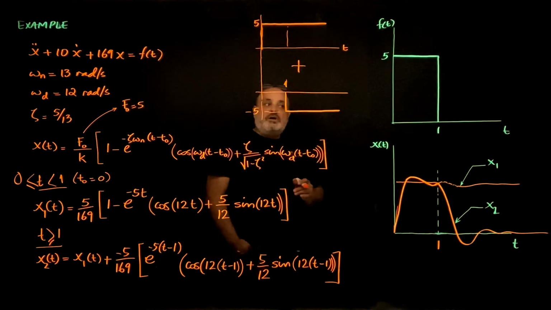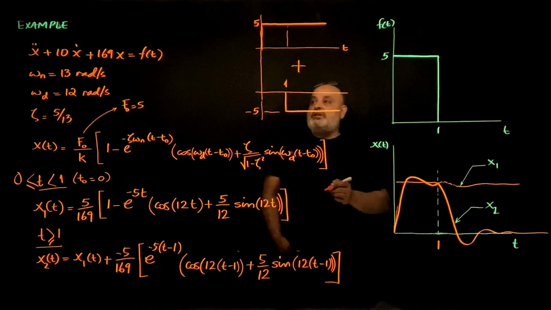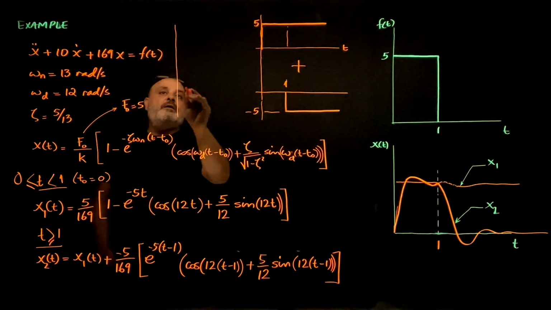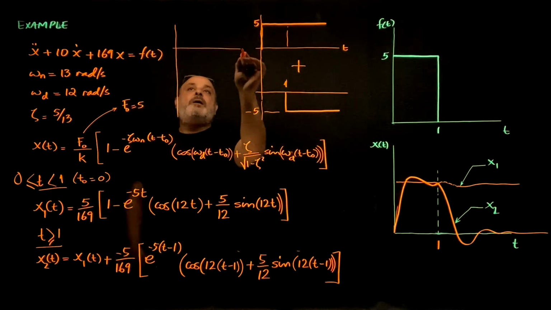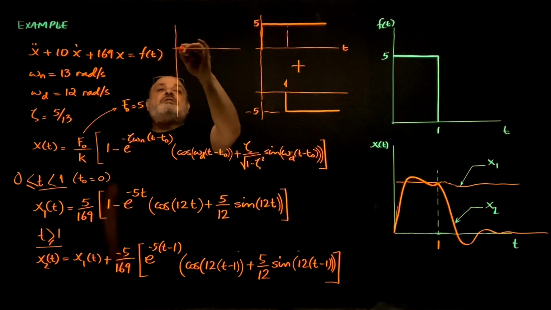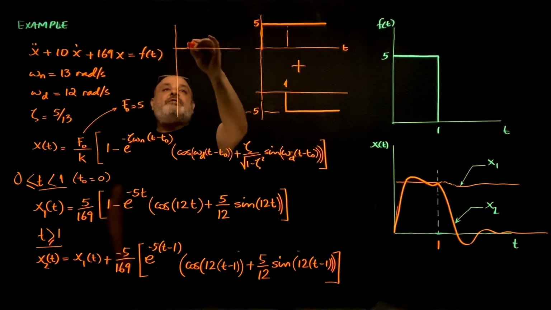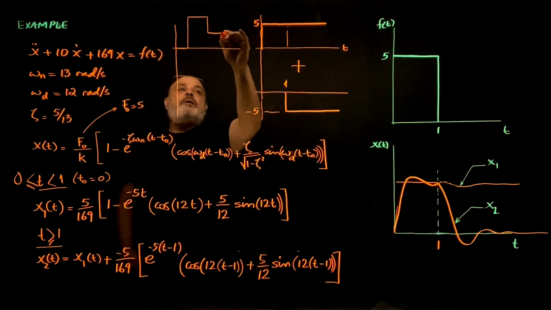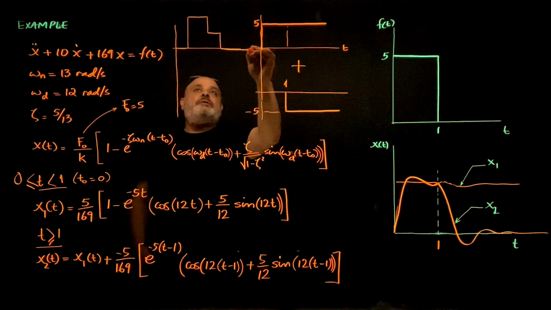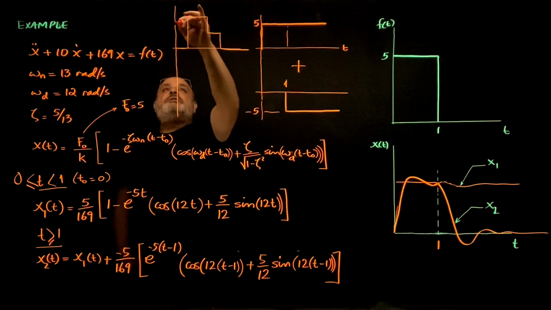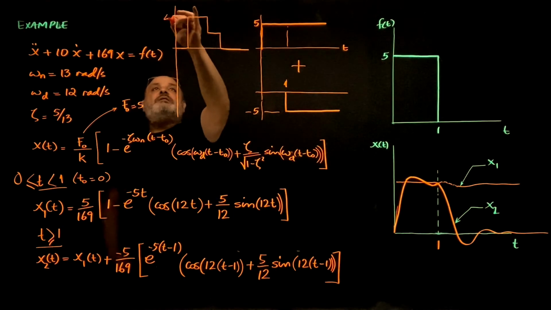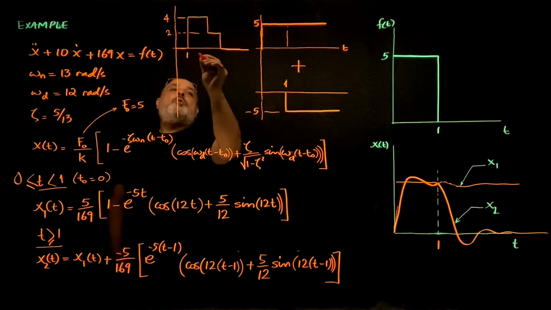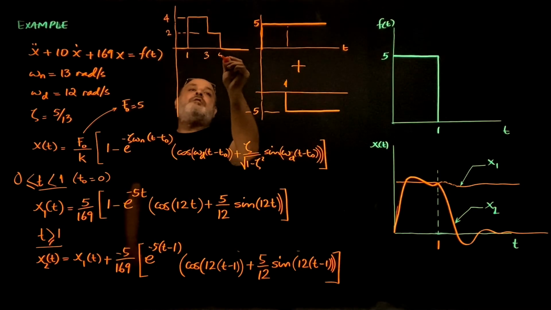For example, let's consider if I have a function that doesn't start at 0 but starts at some time and then drops like this. If this is f of t, let's say this is 4 and this is 2, with times 1, 3, 5.